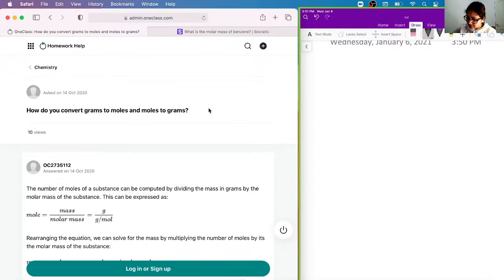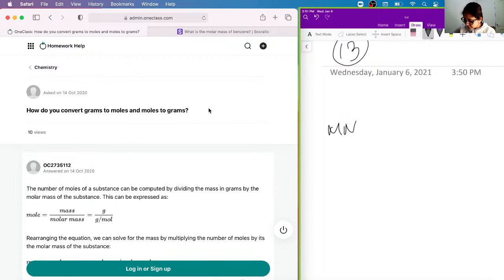As you probably recall, molar mass is grams per mole, right? So molar mass is mass over n, the moles. Using this, we can find the number of moles if we rearrange this equation.